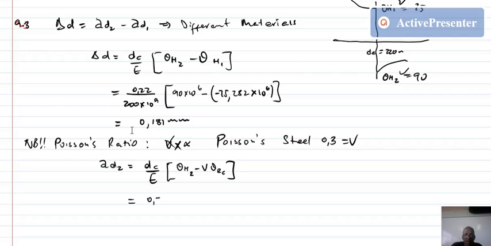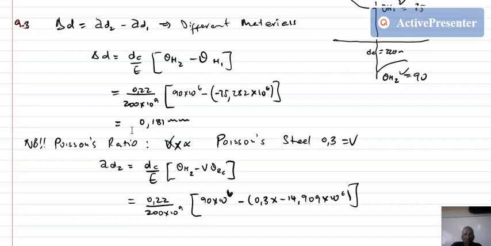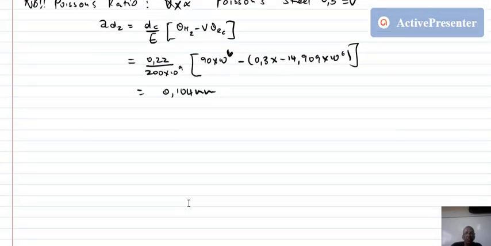That means it's 0.22 divided by 200 × 10^9 into 90 × 10^6 minus 0.3 multiplied by minus 14.909 × 10^6. The total there will give you 0.104 millimeters.